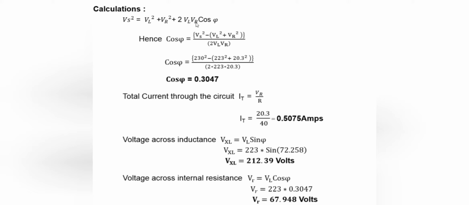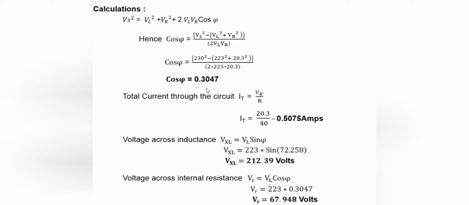From this expression, we can find cos phi. Keeping this term on this side, we can shift VL square plus VR square to the other side, where it becomes minus. So cos phi is equal to VS square minus VL square plus VR square, divided by 2 VL VR. By substituting all the 3 voltages, we get the cos phi value as 0.3047. That is the power factor.